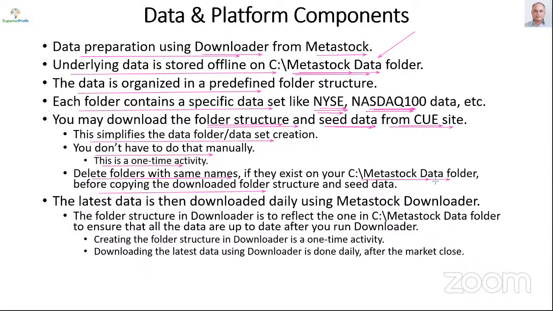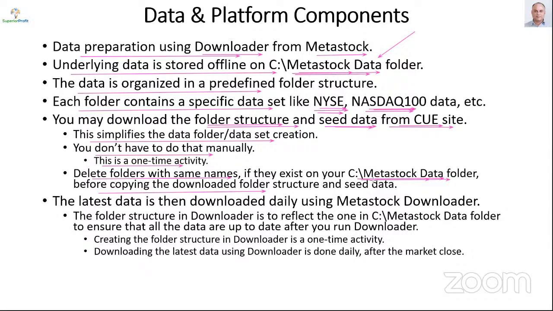Another reason could be that you did not install Q Global Market Breadth before. However, you used offline data for your own trading, and you happened to store the offline data in a folder with the same name under the same C:\Metastock data folder.